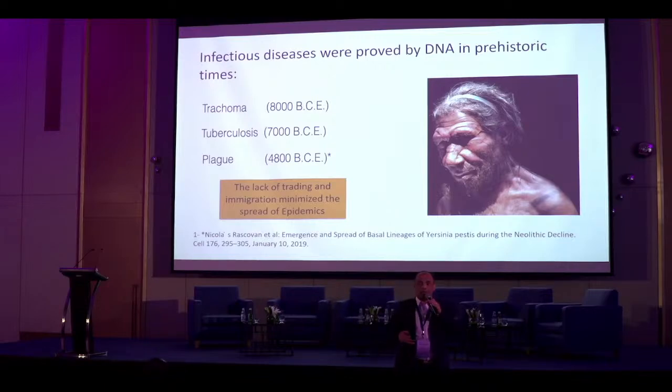The fortunate thing is that at that time there was not much communication or trading, so there were no major epidemics we could identify, but diseases were existing with human beings since early creation.